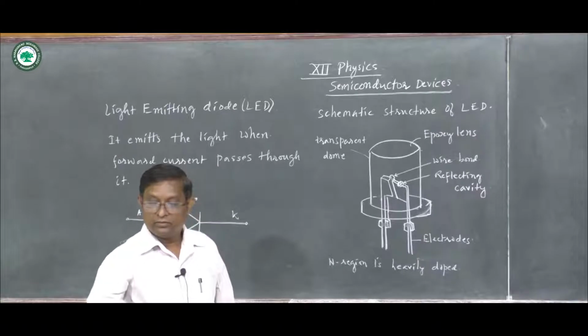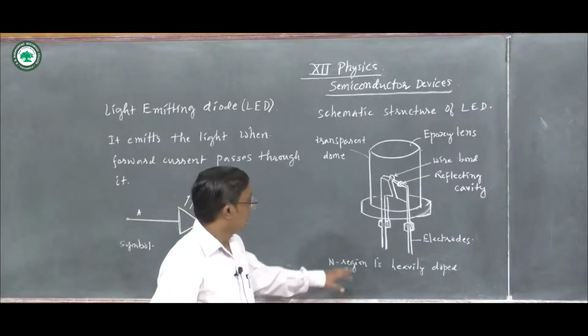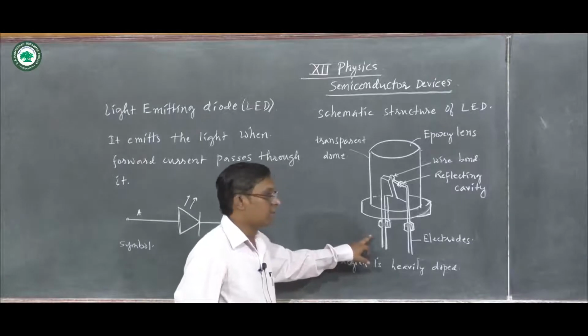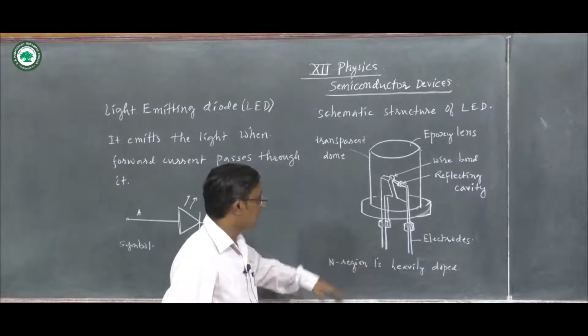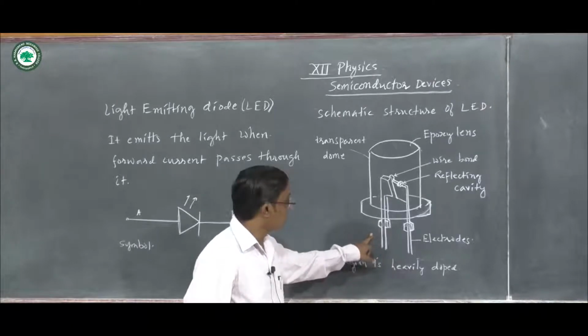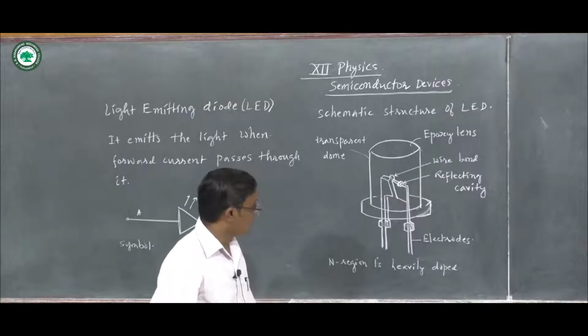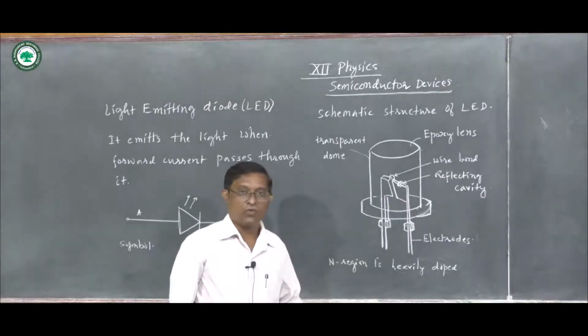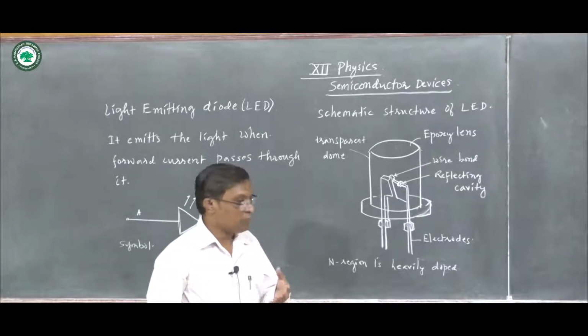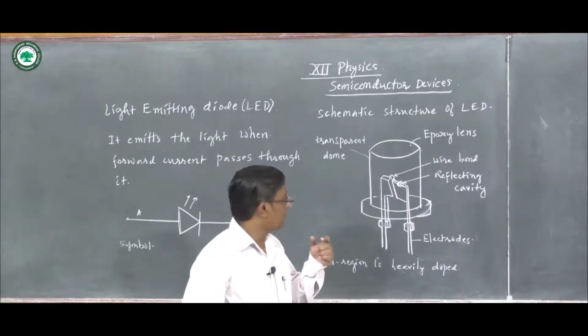Then it has two electrodes connected to the two regions, one electrode at the p region and another at the n region. For what? It is to mount the LED in an electrical circuit.